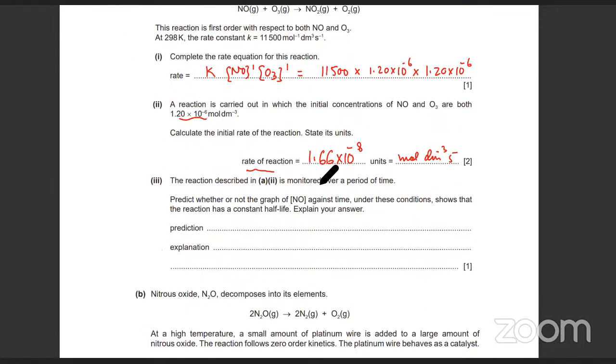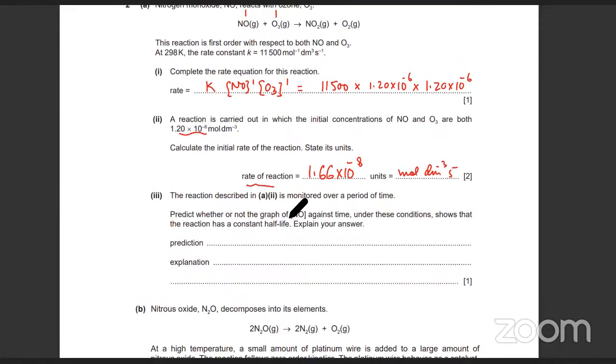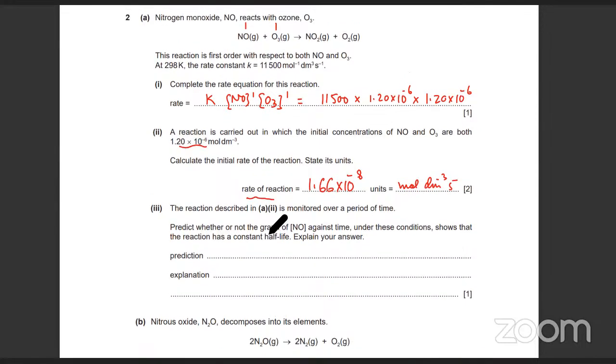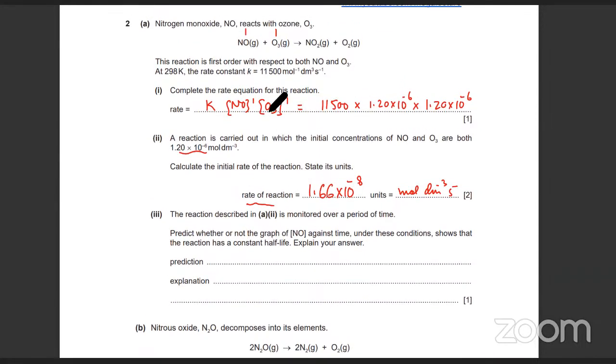Now, the reaction in A2 is monitored over a period of time. Predict whether or not the graph of NO against time under these conditions shows that the reaction has a constant half-life. Explain your answer. So, tell me, will it have a constant half-life or will it not have a constant half-life under these conditions?